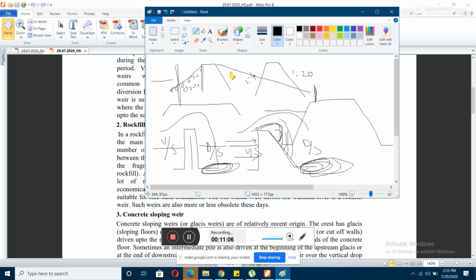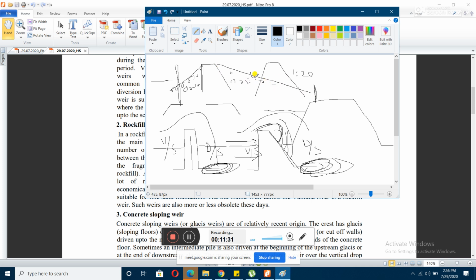The rocks are filled up in this part also, so that the hydraulic jump is even less. For that purpose we fill both the upstream and downstream sides with rock fill materials. As this slope is quite low, more rock fill materials are used here.